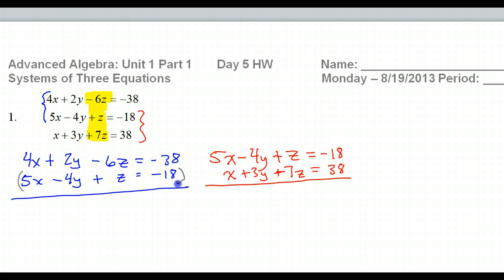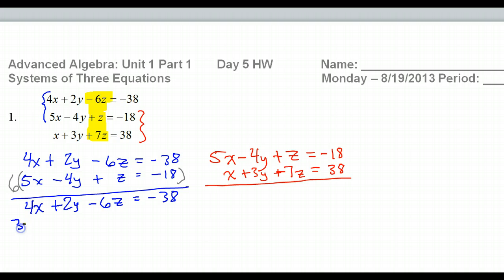So that's why I'm going to multiply this equation by 6. The top equation will stay what it is. So I'm going to have 4x plus 2y minus 6z equals negative 38. That's the top equation, staying the same.